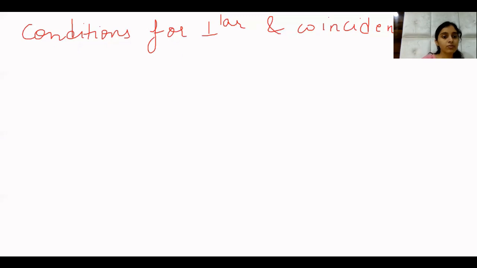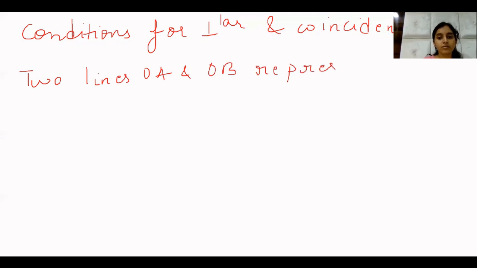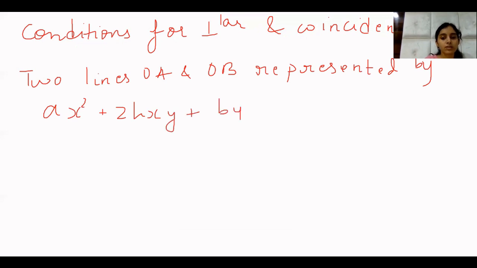Okay, so if we have two lines OA and OB represented by ax square plus 2hxy plus by square equal to 0, and OA and OB are perpendicular to each other.